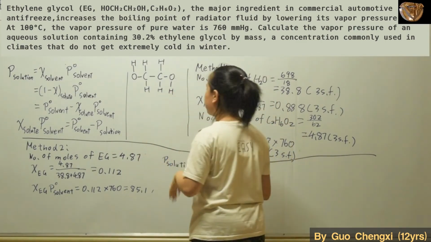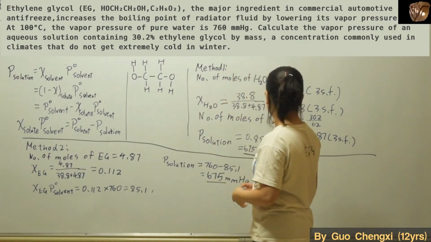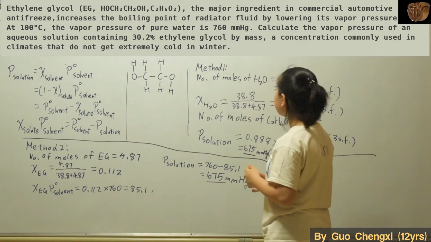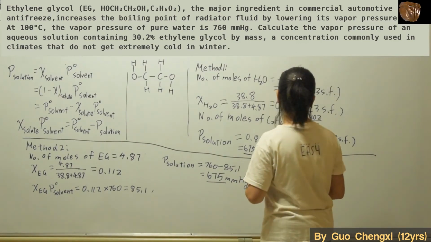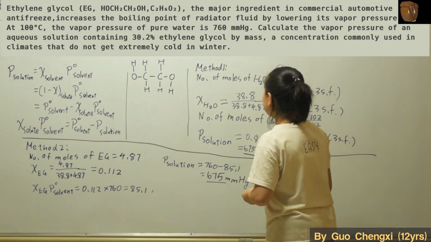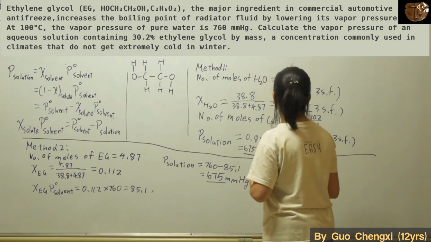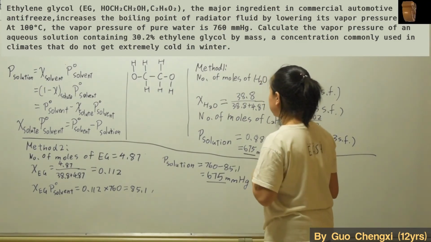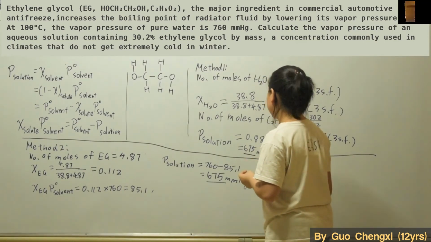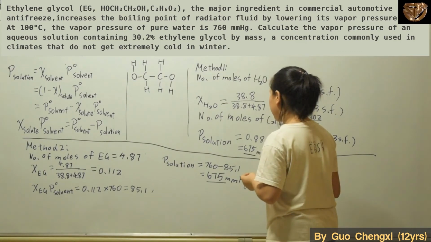But almost 1/3 of the solution was ethylene glycol, and the vapor pressure only decreased by 85 mercury height.